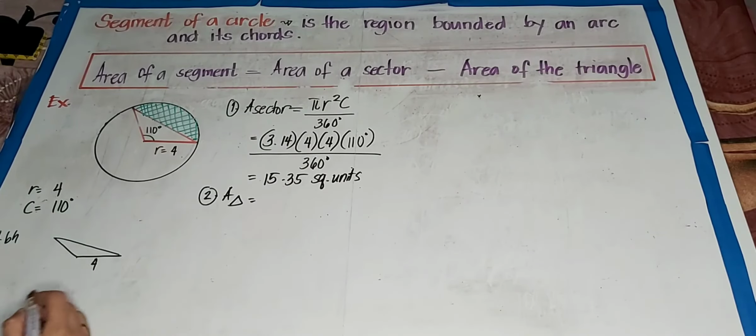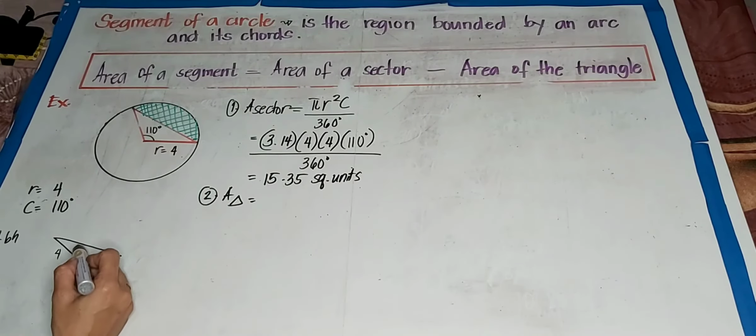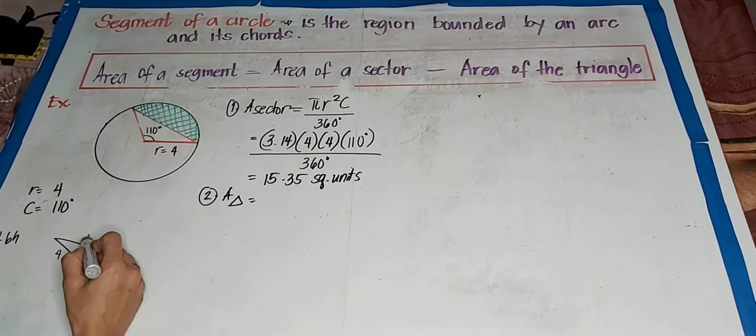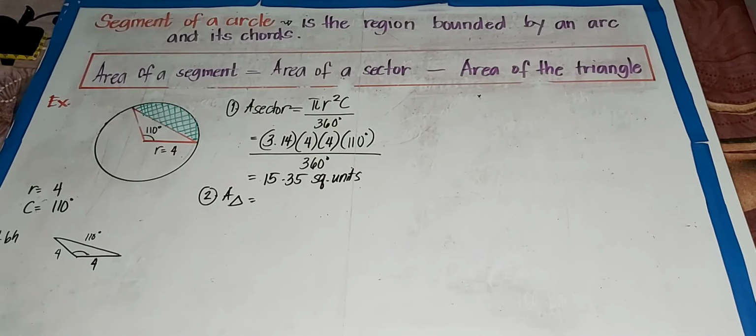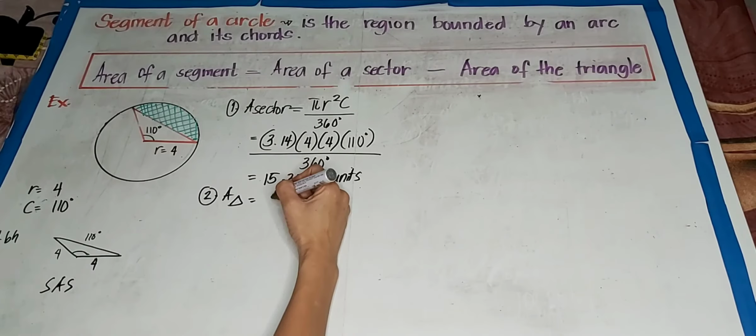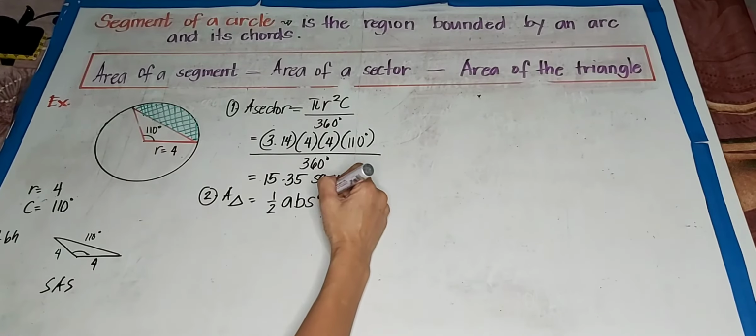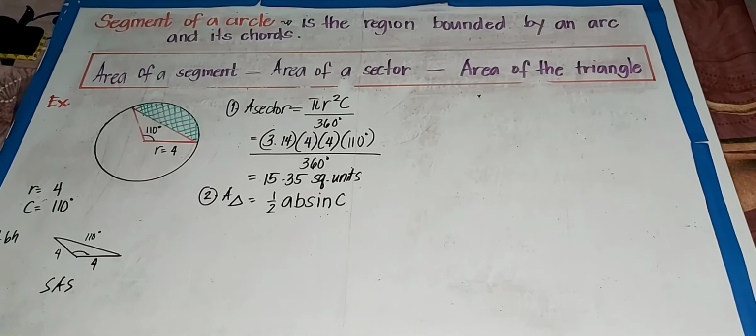This is 4 units, radius yan, another 4 units. So, wala tayong height. Ang angle natin ay 110 degrees. Kaya ang gagawin natin ay yung side angle side. Gamit ang law of sines, which is 1/2 of A times B sine C.